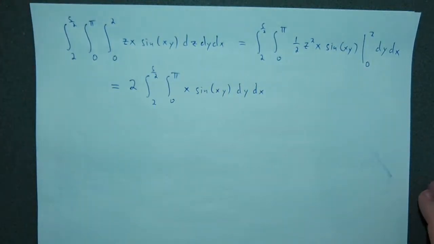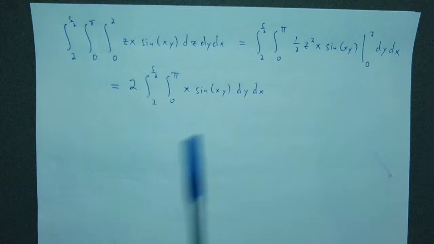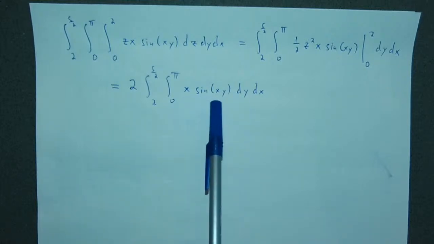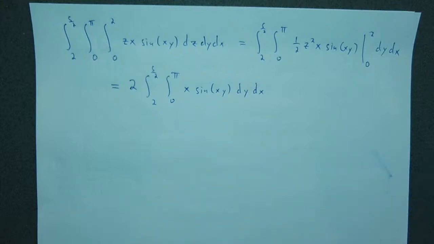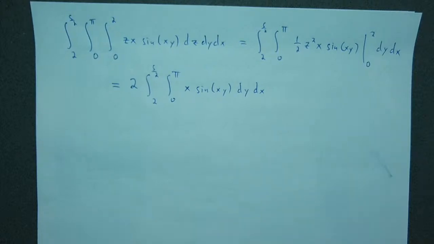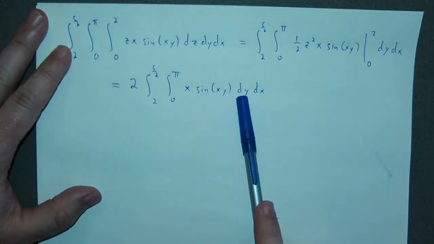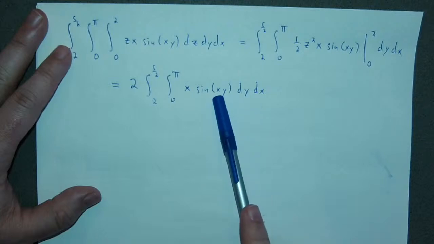Now I'm integrating with respect to y. Can I do this? I have this x here that's a constant. That's actually nice because it's exactly the constant that I need in order to do this integration. So I'm thinking of doing this integration using substitution. If I was thinking about this as u sub, where I'm only doing this integral with respect to y, if u is xy, then du with respect to y is x.